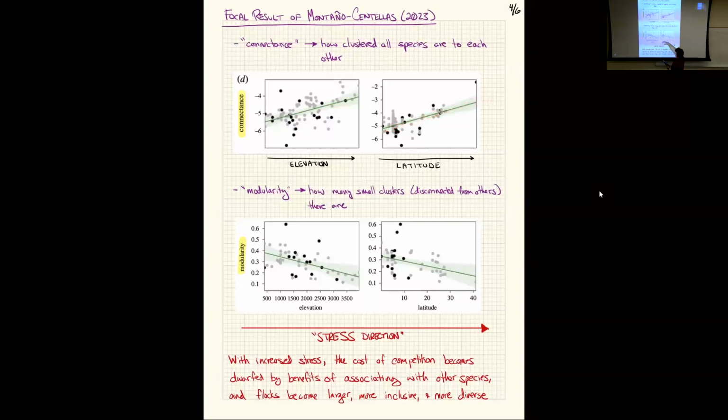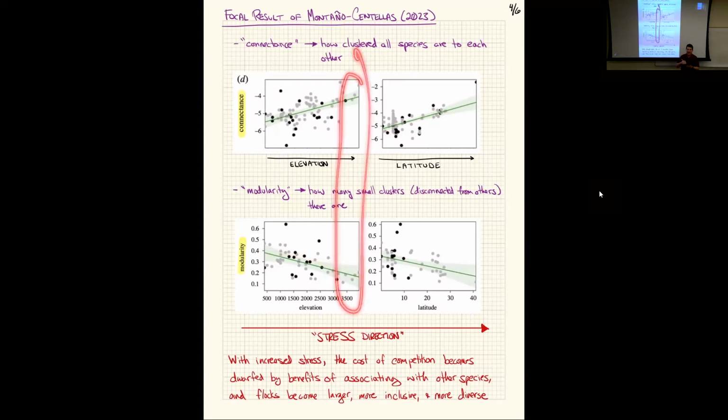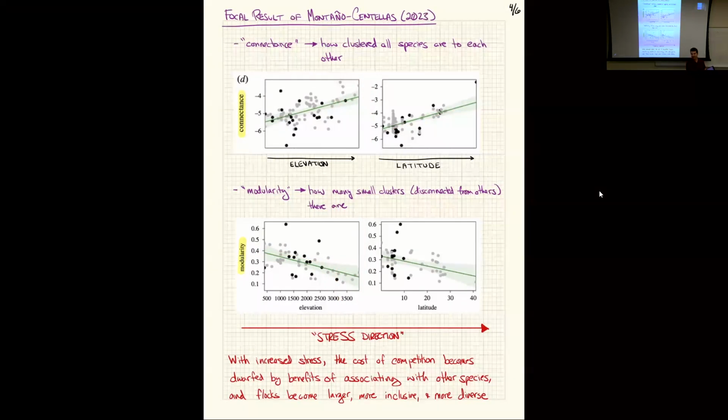And then on the sort of flip side of that, showing the same pattern, as you go up in elevation, then you get less discrete modules in the networks. So basically this is saying at high elevations, they're in these large multi-species groups with lots and lots of species. At low elevations, then they're in these not so large groups where the groups sort of are one or two different species that are very similar to each other.